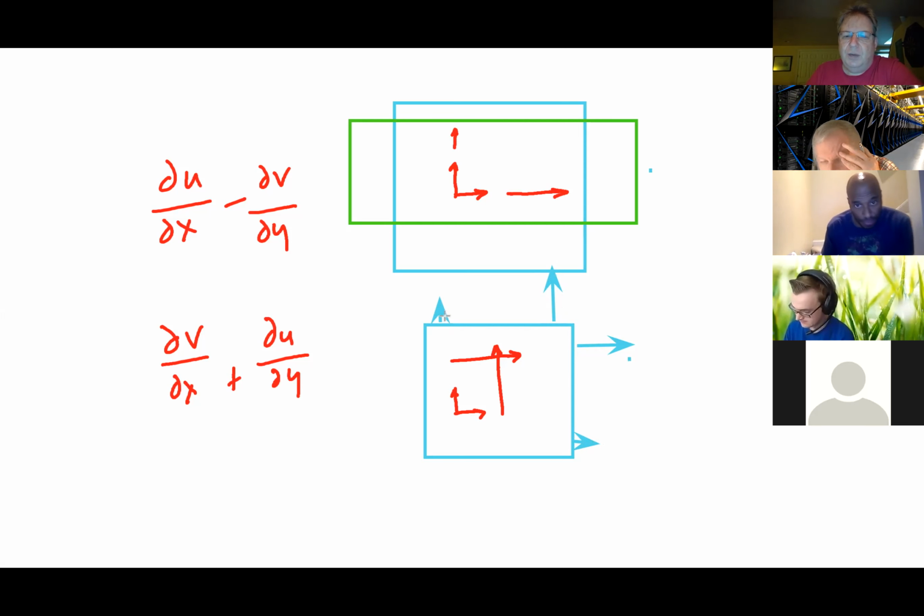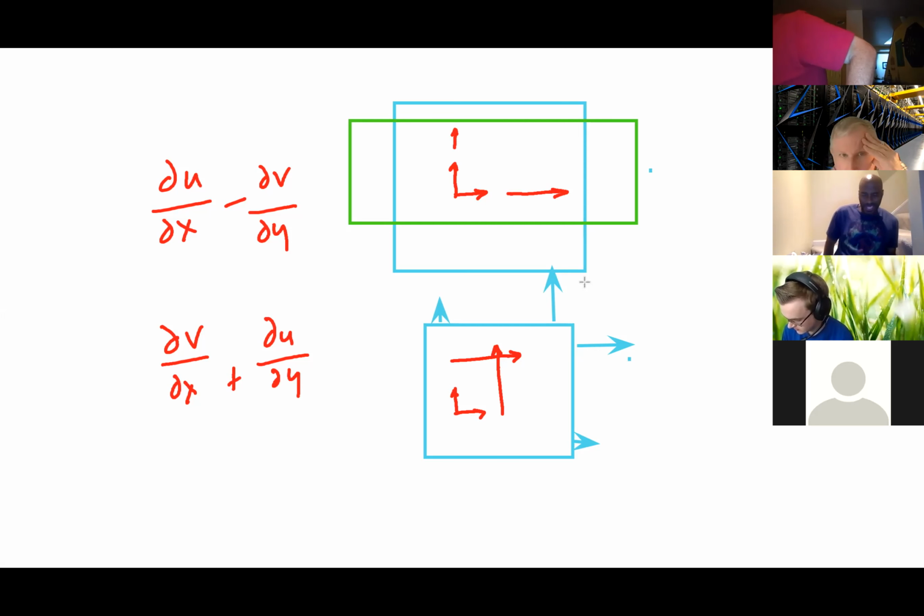Wouldn't this cause it to turn? This side turns the other way, and it's going to stretch it out. So we're deforming it.